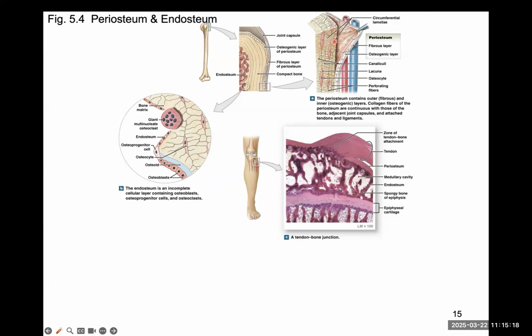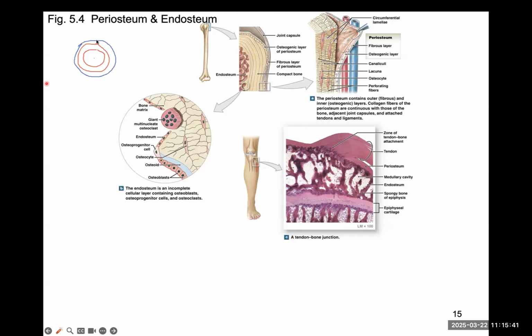I'll try to draw that for you if it's not making sense. So you have this cross section if you cut this bone, and you have this compact part, and inside you have this medullary cavity, and then periosteum is this line or layer on the outside.